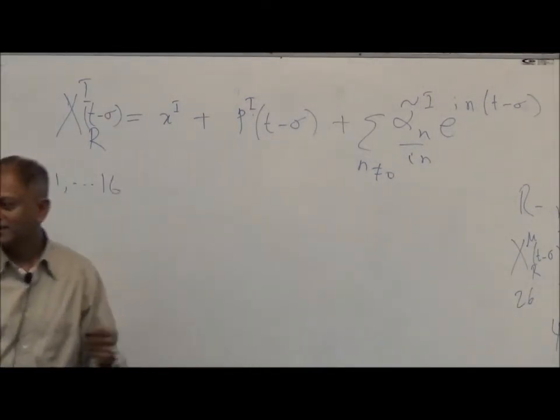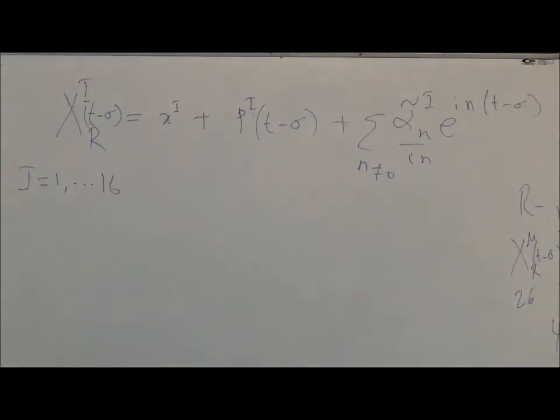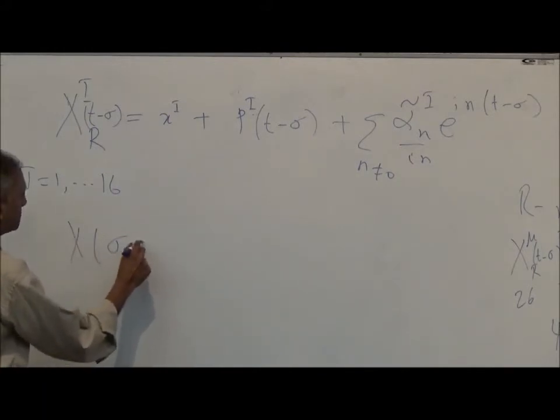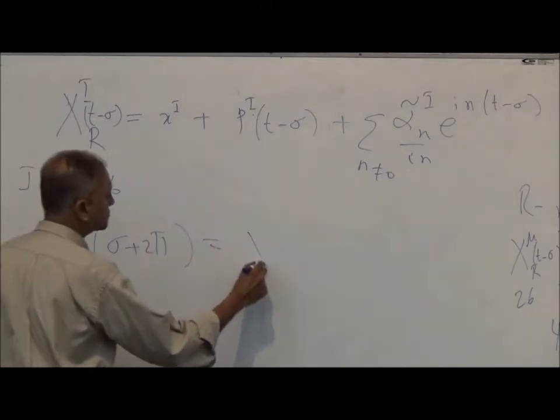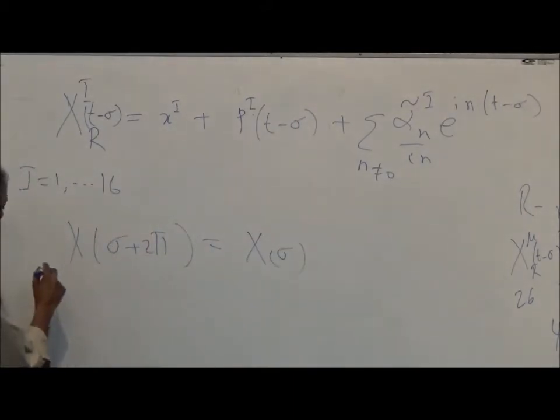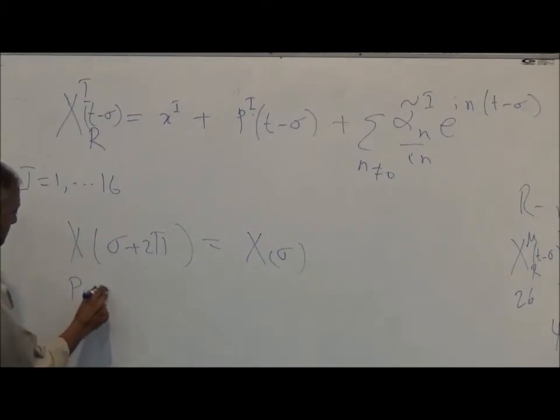But what that means is that this x_0 must be an angular variable, because after all, there is a closed string periodicity condition. You have the periodicity condition that x of sigma plus 2 pi should be equal to x of sigma.